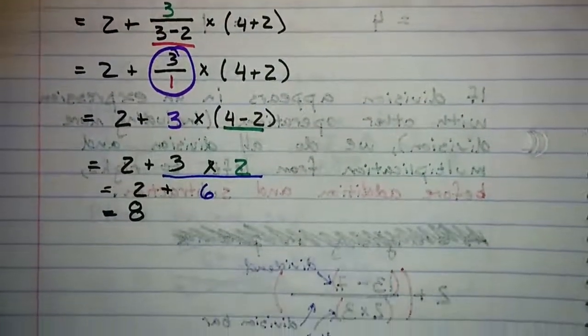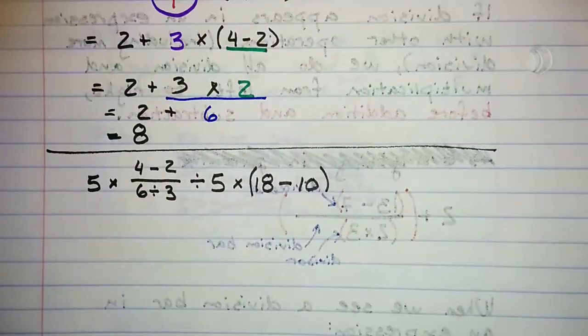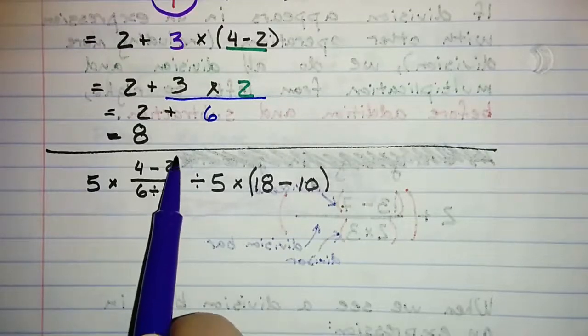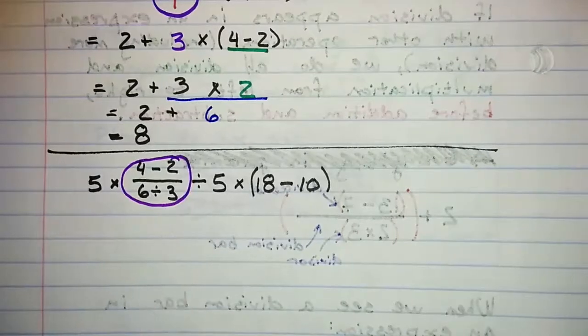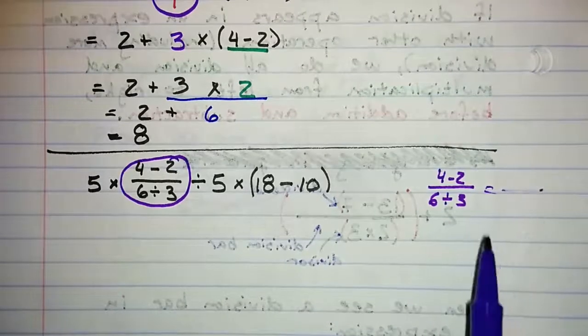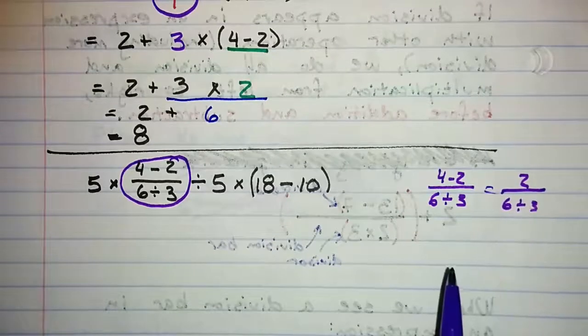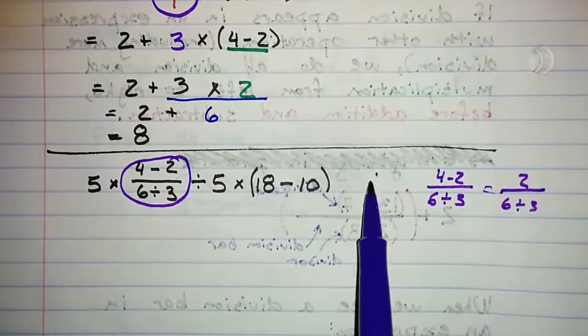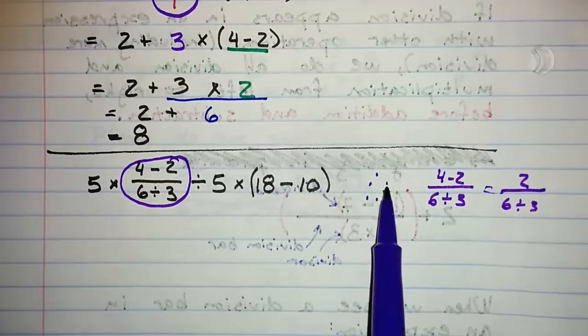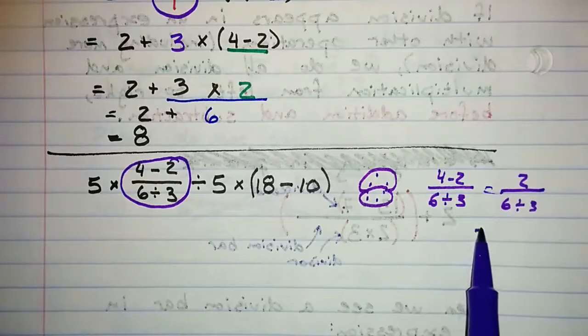I'm going to give you one of these to try as well. Evaluate this expression. Pause the video and try it now. Okay, looking at this group, I think I'm going to take this off to the side and work it out. 4 minus 2, I know is 2. 6 divided by 3, that means I have 6 things, and I can make one group of 3, two groups of 3.